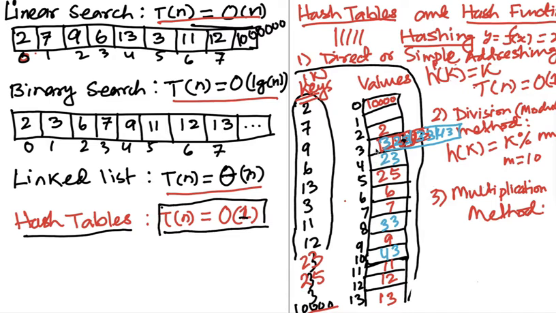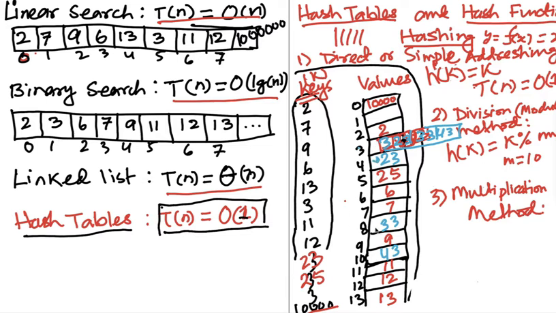So the probe is the difference between its original position and here, how many steps we need to take. To get to 23, we first land on 3 and then jump one more step, so 1 plus 1 is 2.